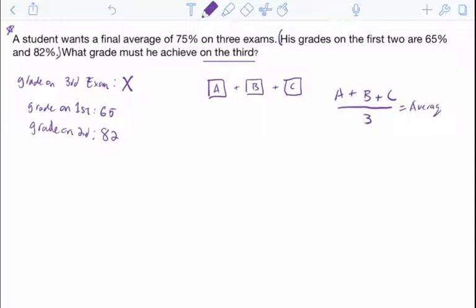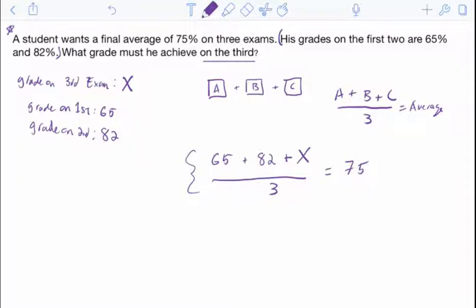So in this case, the grade on the first test is 65, the grade on the second test is 82, the grade on the third test is, I don't know what that is yet, divide by 3, and that's equal to 75. I've just done the third step. Now I need to do the fourth step and solve for X.